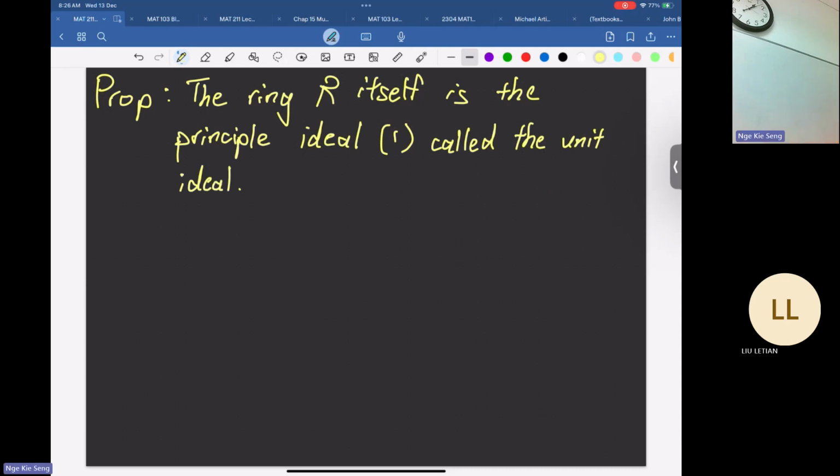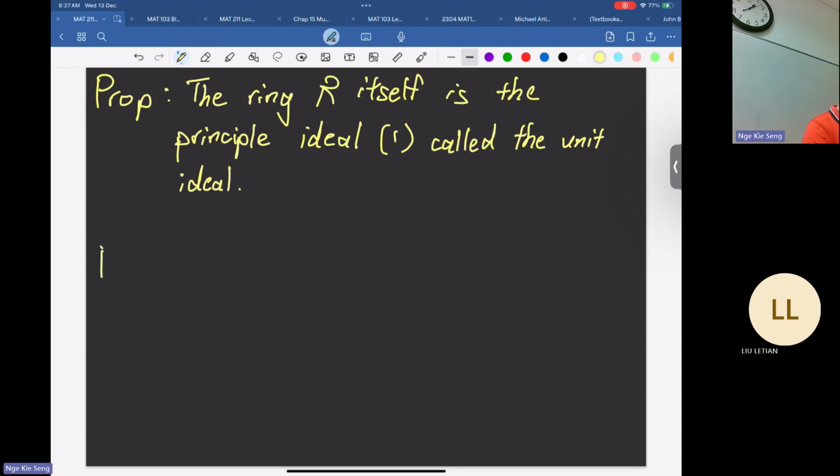Whenever you find one in your ideal, you actually generate your whole ring, because from one you can get everything in R. You take every r and multiply with one, and since it is an ideal, the result stays in my ideal, and I can get everything in my ring.